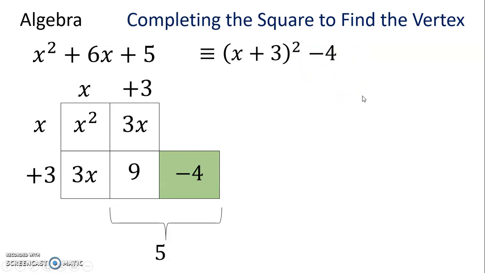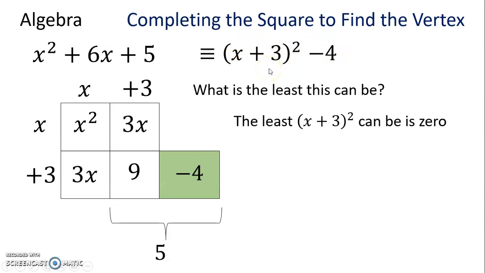Okay, so how can we use this completed square form to find the vertex of our graph? If we look at this completed square form, what's the least it can possibly be? Well, the least that x plus 3 squared can be is 0. And if I want this x plus 3 squared here to be 0, then x must be negative 3.